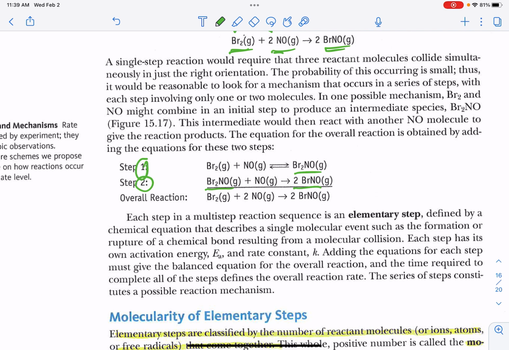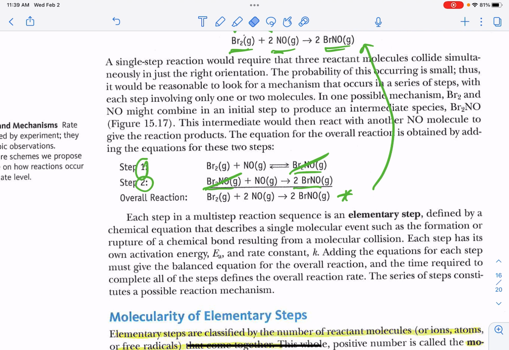And then when we combine the two steps, this will cancel out with this. We add up the reactants and we add up the products, and we get the resulting mechanism that we had in the original balanced equation.